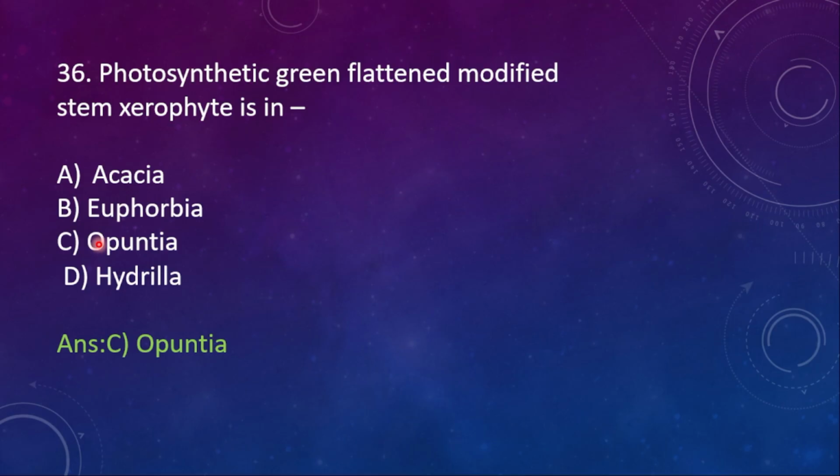See, opuntia is the plant example where it is going to grow in xerophytic conditions, where there will be a very less amount of water. That's what it is modified. Even though it is a stem, it is modified for the presence of very low amount of water, and it is modified for the photosynthetic purpose.